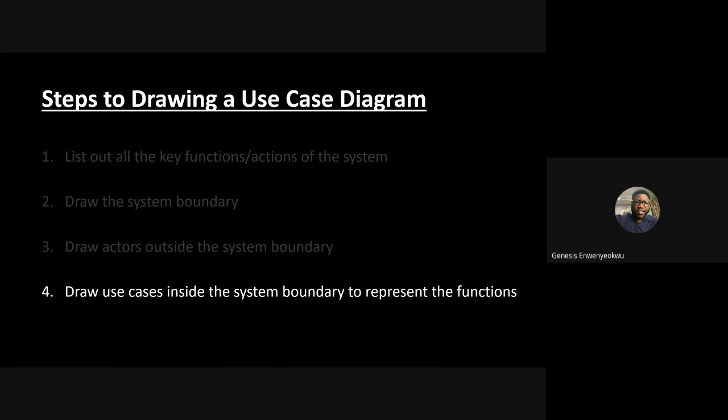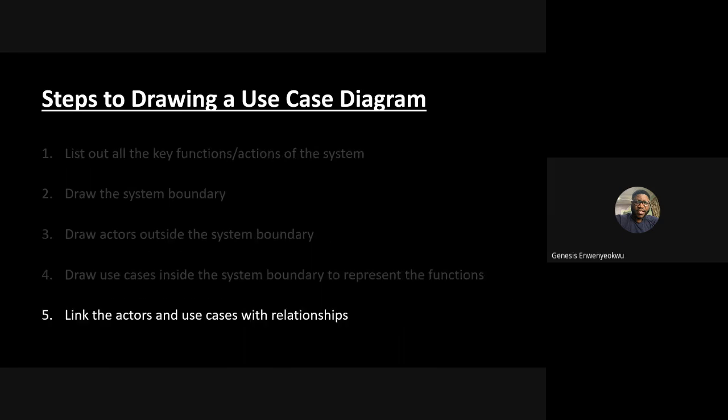So all of the use cases are the functions and actions you have itemized. You begin to draw all of them inside the system boundary. And then last of all, you link the relationships between actor to actor, between use case to use case. That is a typical step to draw a use case model or UML use case diagram.